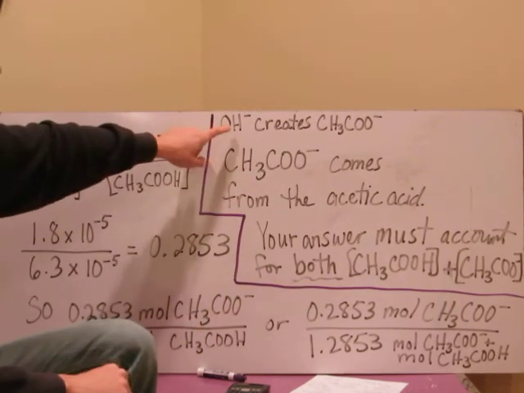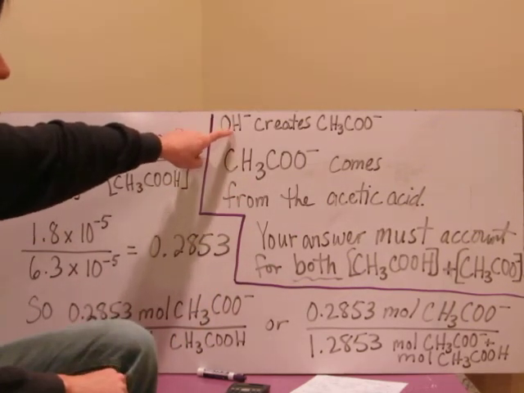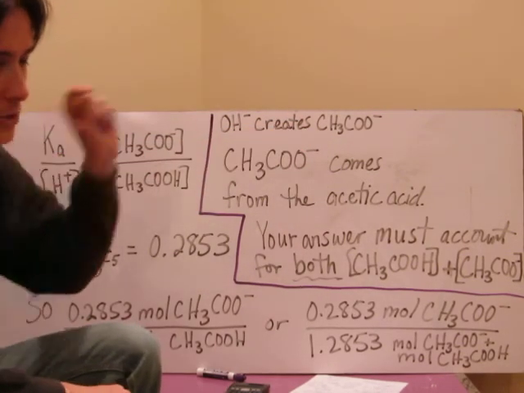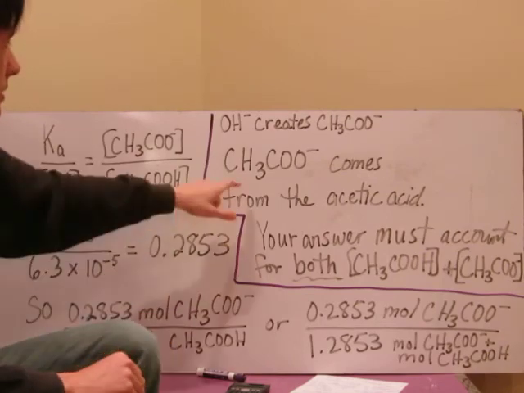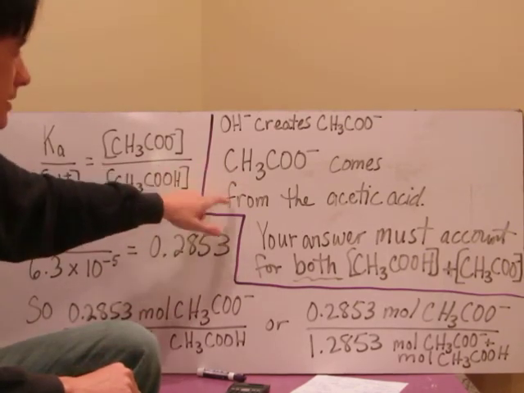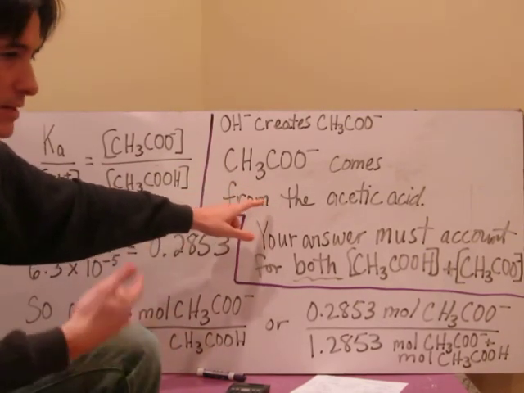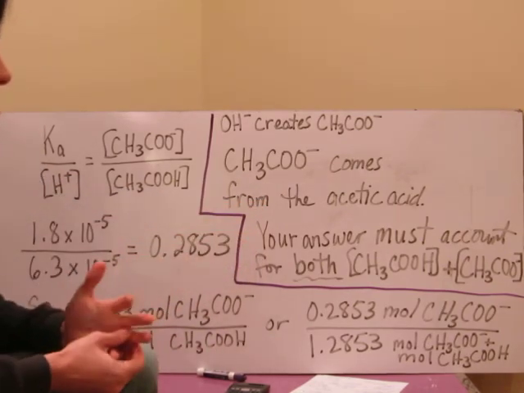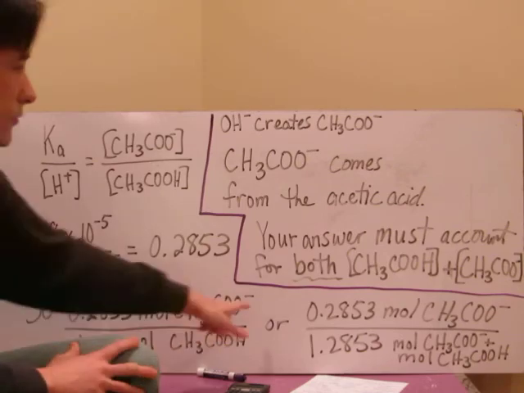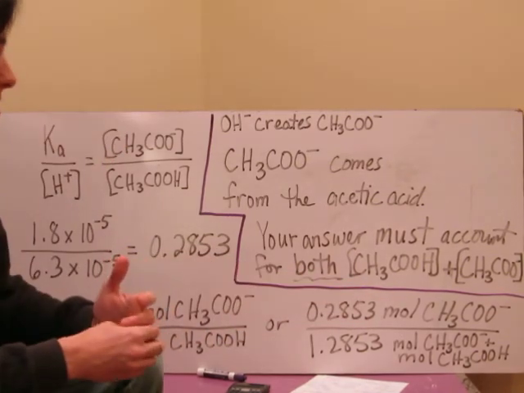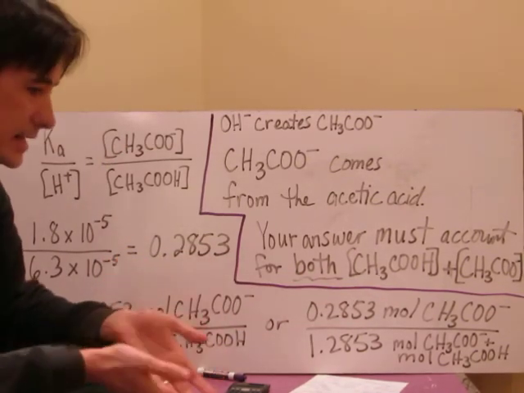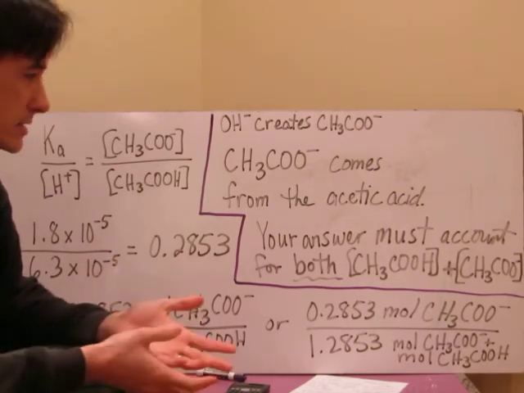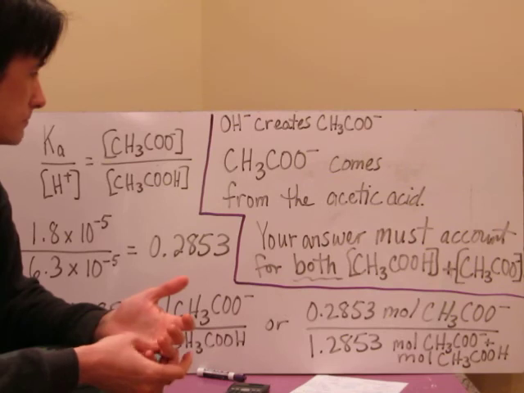So yes, OH minus, the hydroxide, is going to create the acetate when you add the acetic acid. So acetate comes from the acetic acid. I know I'm maybe saying too much. So your answer in the end has to account for both of these things. It's how much acetic acid needs to be added, but also how much acetate needs to be there as well.